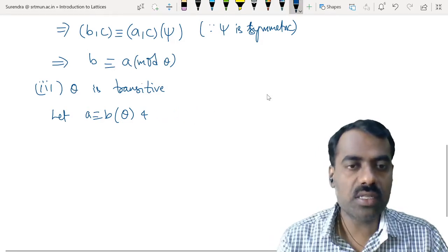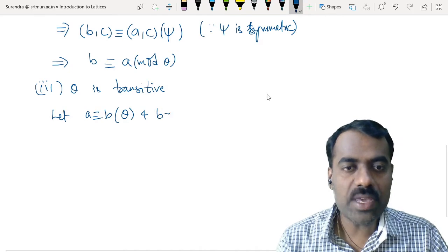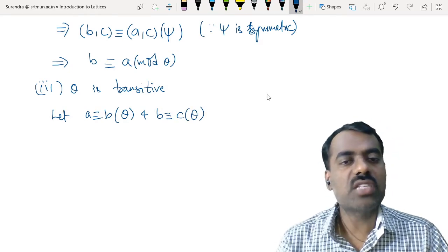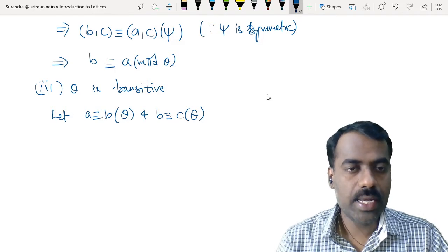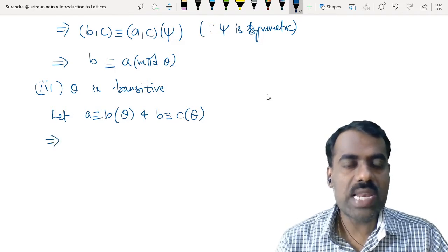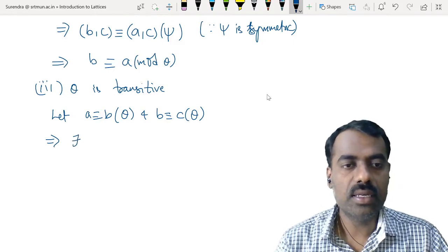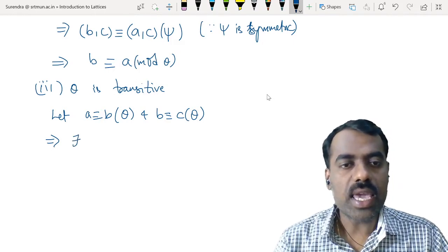So for that, A is congruent to B modulo theta and B is congruent to C modulo theta. Somehow we want to show that A is congruent to C modulo theta, right? But by definition, when two elements are congruent modulo theta, there exists some K, right?